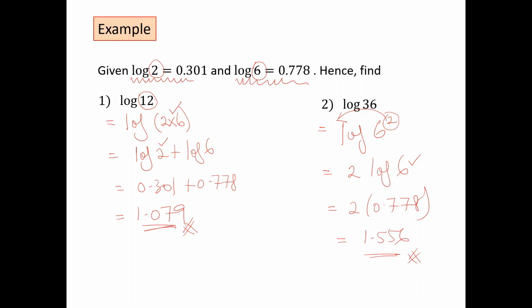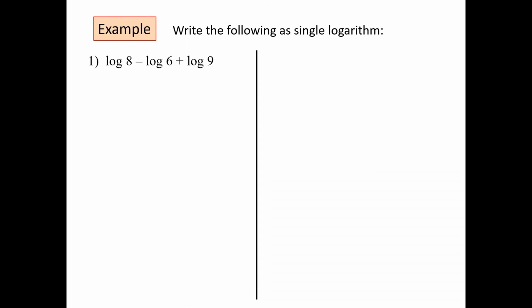Okay, we move to another set of example. Write the following as single logarithm. Now we have log 8 minus log 6 plus log 9. So clearly we must use law number 1 and law number 2 as we will get involved with addition and subtraction.